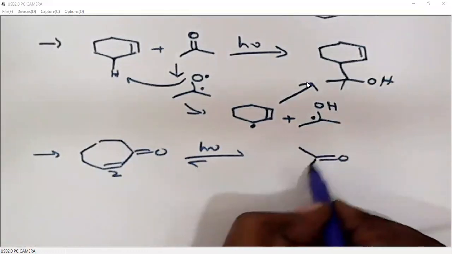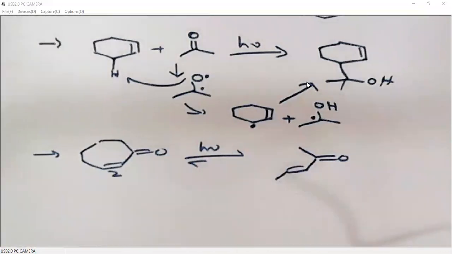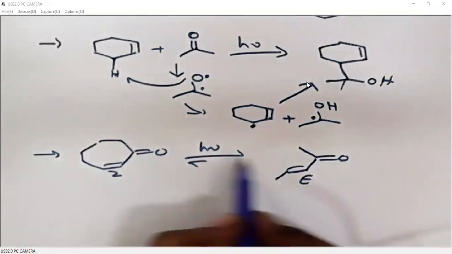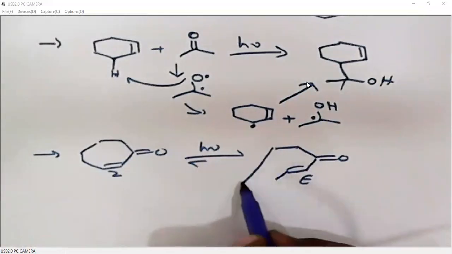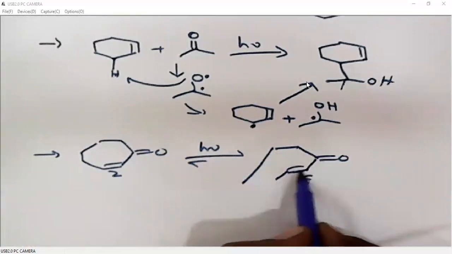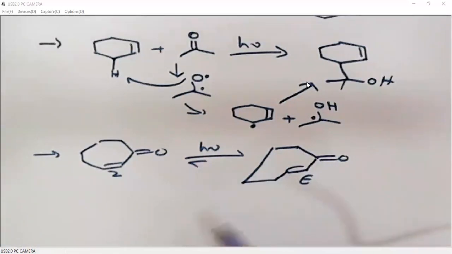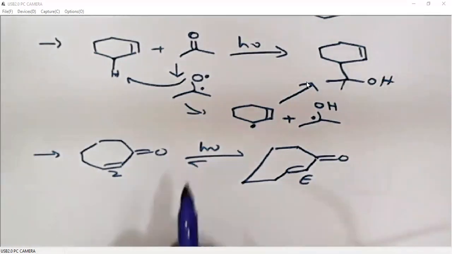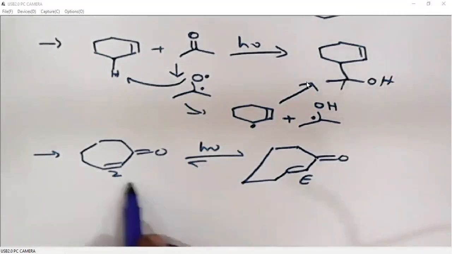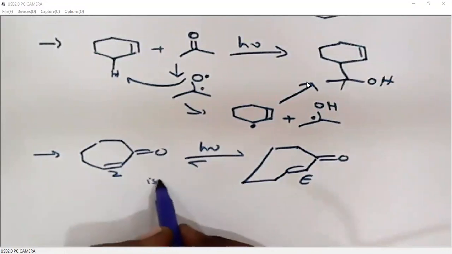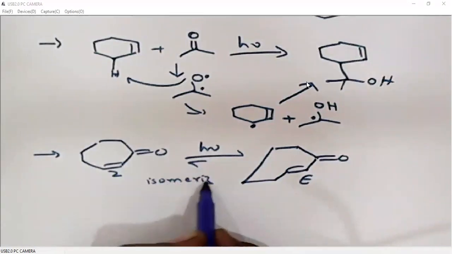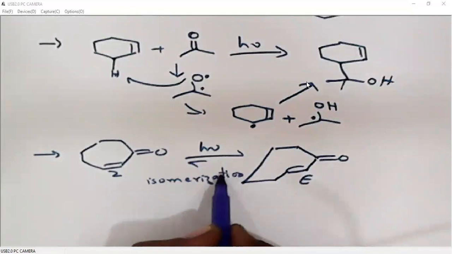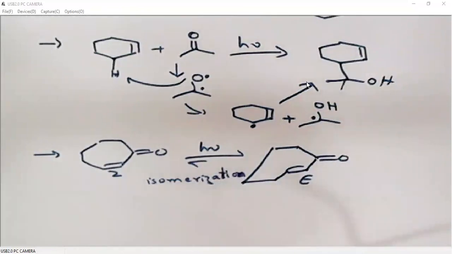The Z double bond now becomes E double bond. 1, 2, 3, 4, 5, 6, 7. Under photochemical conditions, it is undergoing isomerization. So the Z double bond is converted to E double bond.